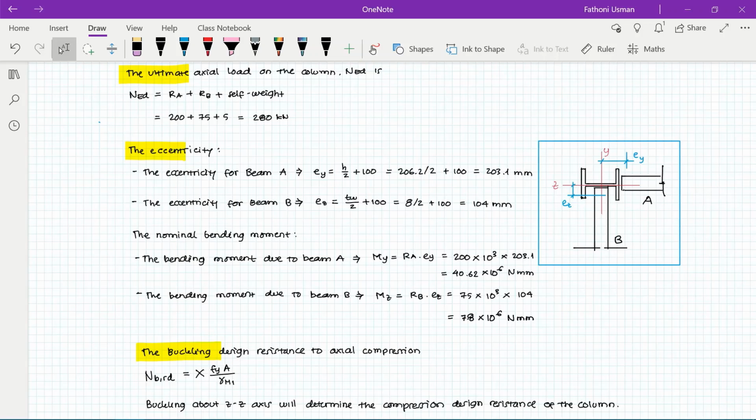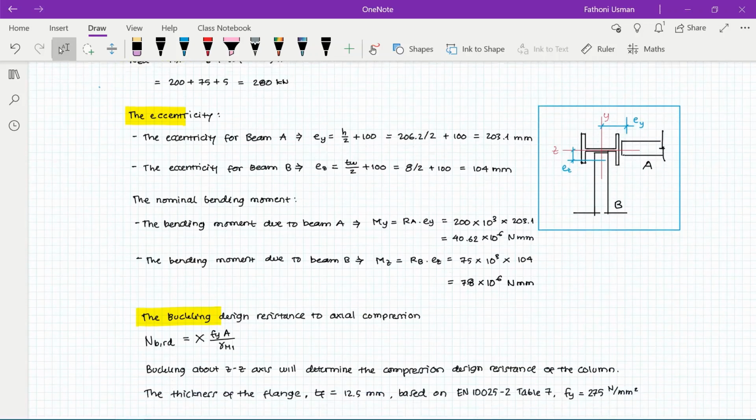The eccentricity is required in simple construction. The way the beam is attached to the column will induce the nominal bending moment by the existence of the eccentricity.